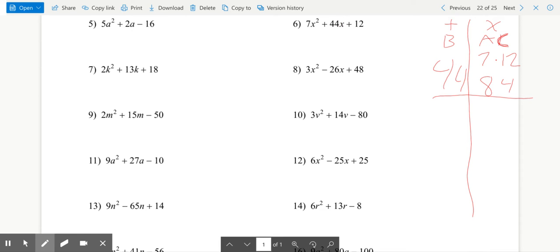So everything is positive. So both of our factors that we're looking for are going to be positive. So we can just run through the list of things that multiply to 84. That would be 1 and 84, which clearly doesn't add to 44. So that's not it.